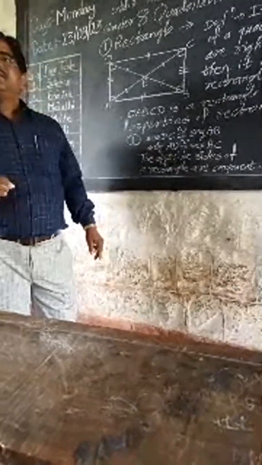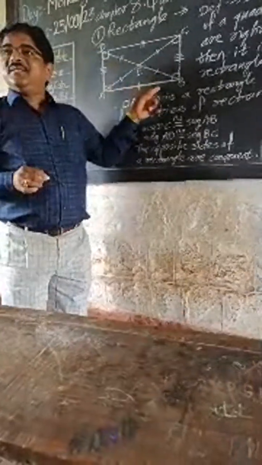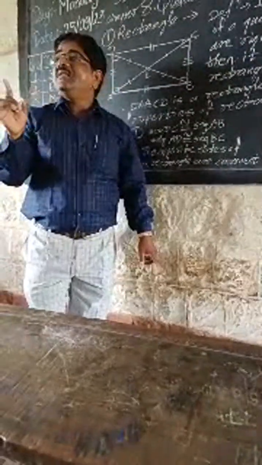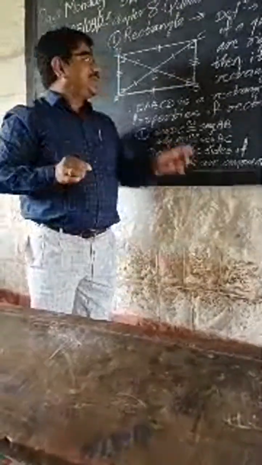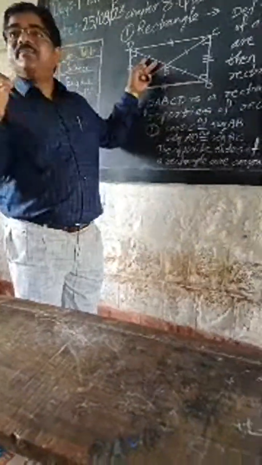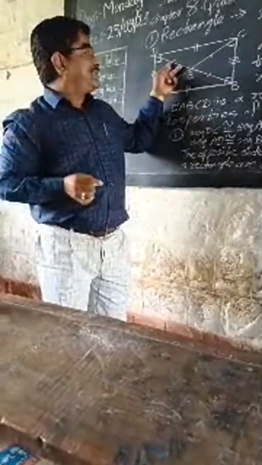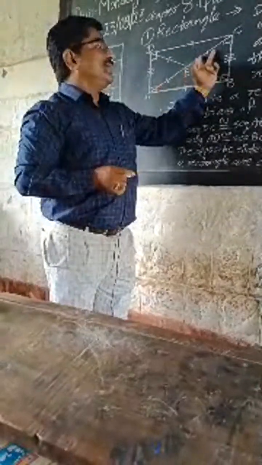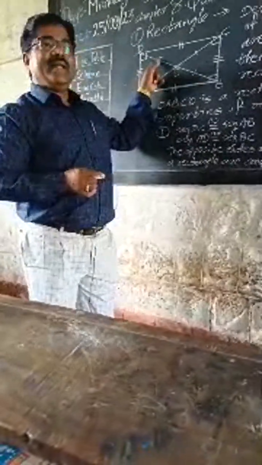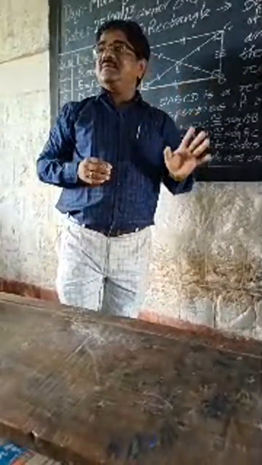Yes, diagonals bisect each other. What is the important word? Diagonals bisect each other. Bisect means make equal parts. These parts are equal. What is the conclusion? The diagonals of a rectangle bisect each other.